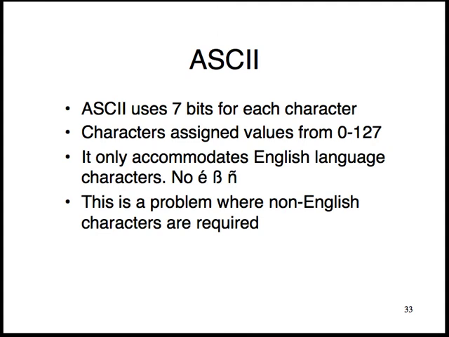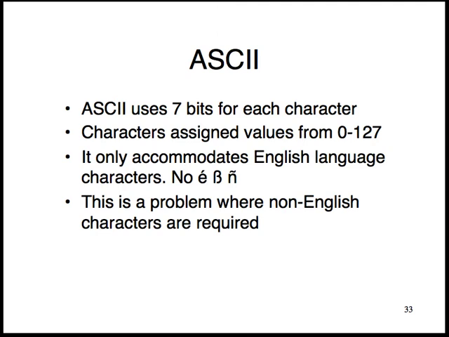Now, the problem is that, as the American Standard Code for Information Interchange, this was devised by English speakers who didn't quite imagine a world where you would have characters other than the English characters. So there's no acute E, for example, or an E fada, as we might call it. There's no sharp S that you might need in German for a word like Strasse.